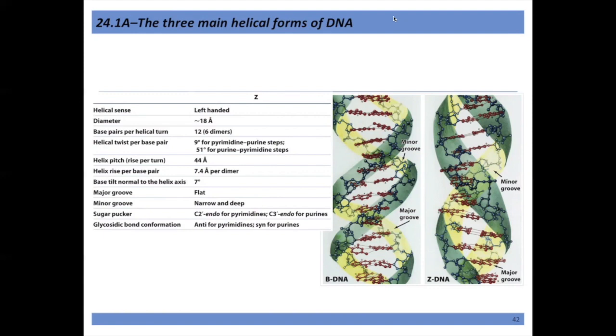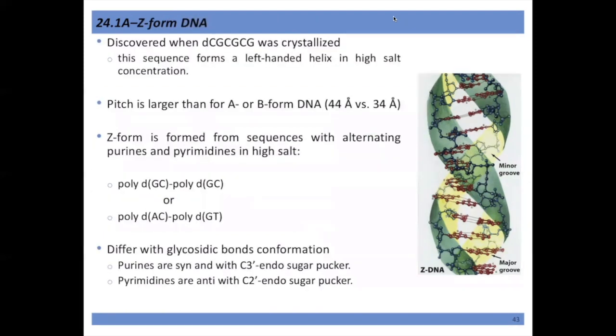And again, we tend not to find Z-DNA as often, but there are examples of it existing. Like I said, it took a long time to find it. They first discovered it when someone crystallized it out of a high salt content.